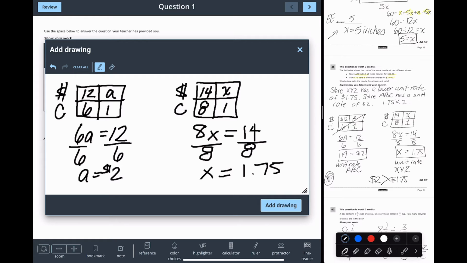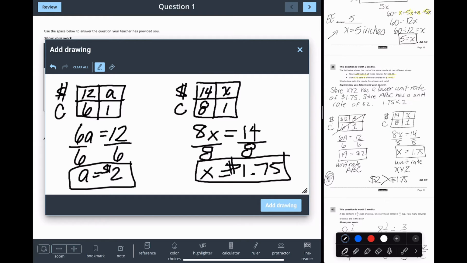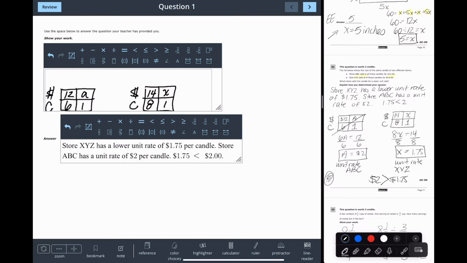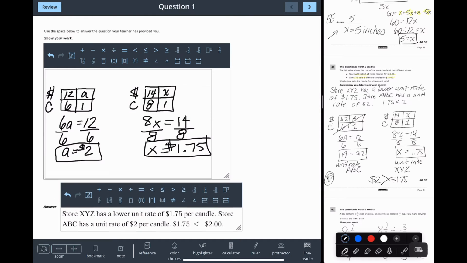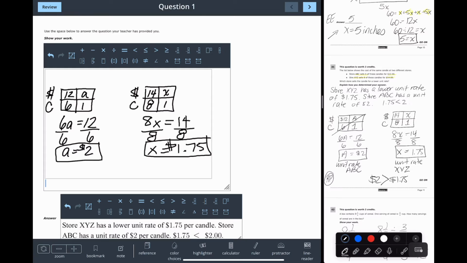You're not doing this in your head. And there you go. And I can add this drawing. I can open this down and we can see our drawing. So that's one way you can do this. It shows the work, but again, I'm still working on paper and now I have to redraw it here.